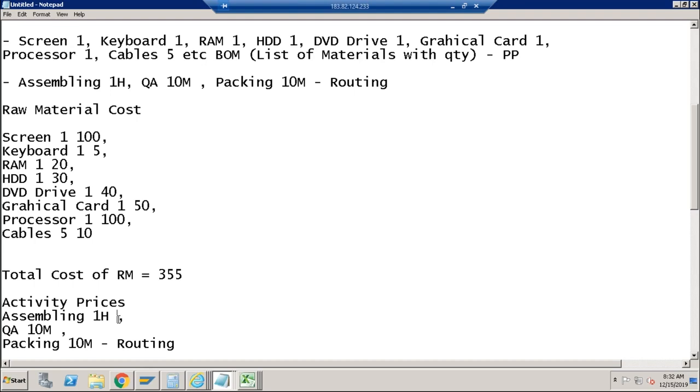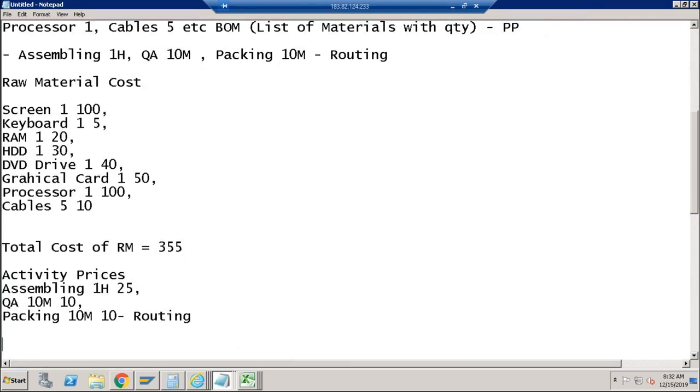So what is the price? Let's say assembling for 1 hour will take $25. Okay, quality will take another 10 and the remaining 10 will be taken by packing. So overall 355 plus 45 is equal to your total standard cost of the product, which is 400.